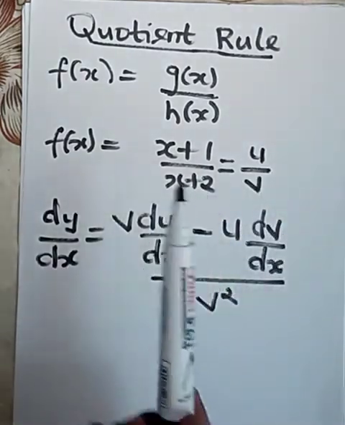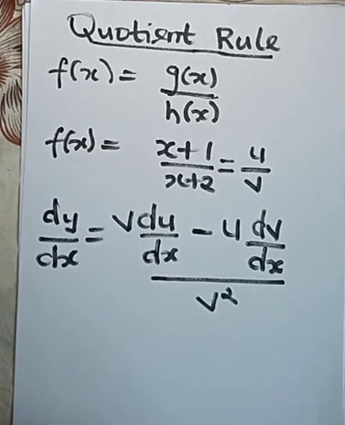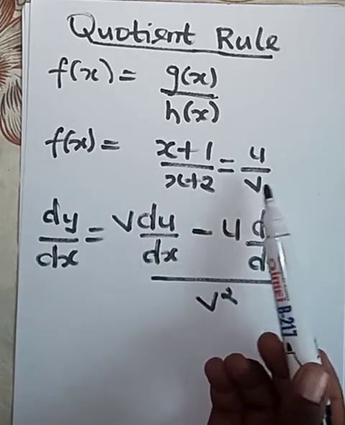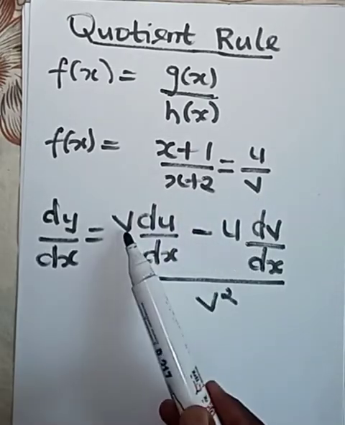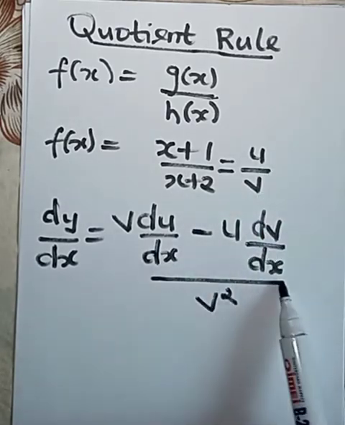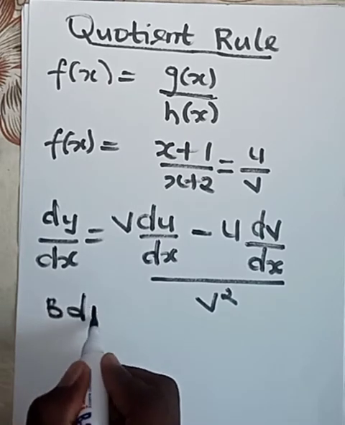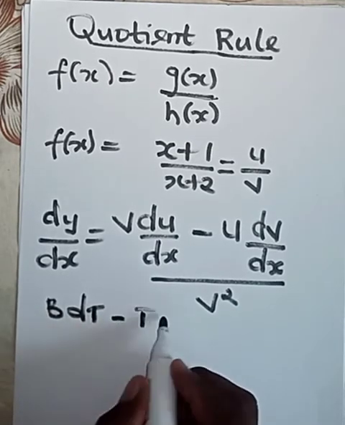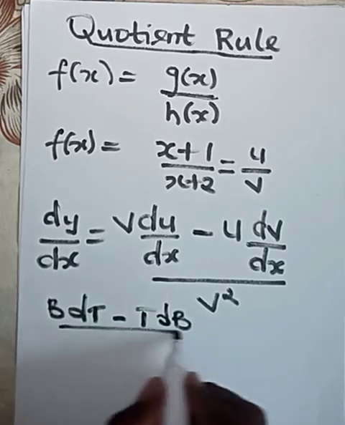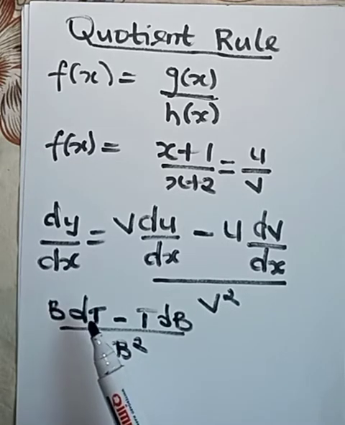Always take it like this. When you have the function, note it to be u on a certain v, where we can simply say this is the bottom and this is the top. So we can say bottom d top minus top d bottom, all that on bottom squared. For you to easily remember, I said bottom d top minus top d bottom on bottom squared.